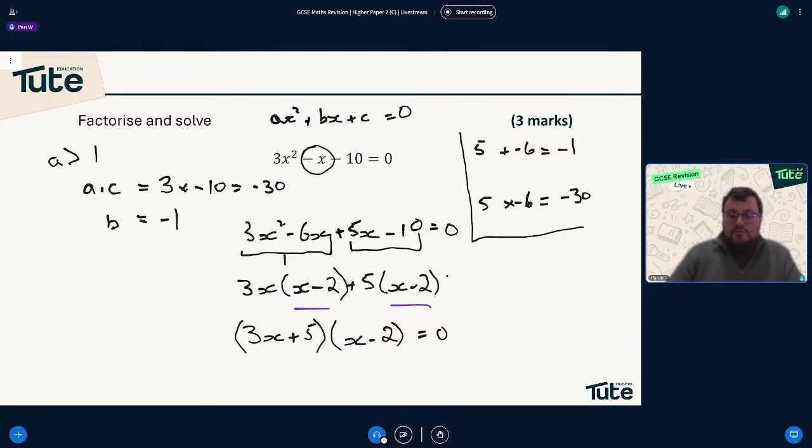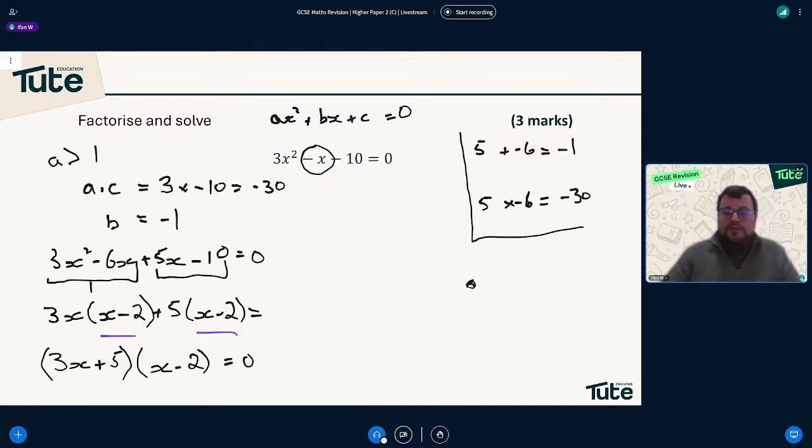And there's always going to be equal to 0. Now, because when you have two pairs of brackets stuck to each other, it means that you're multiplying. And the only way of getting 0 when you multiply is by one of the numbers having to be 0.